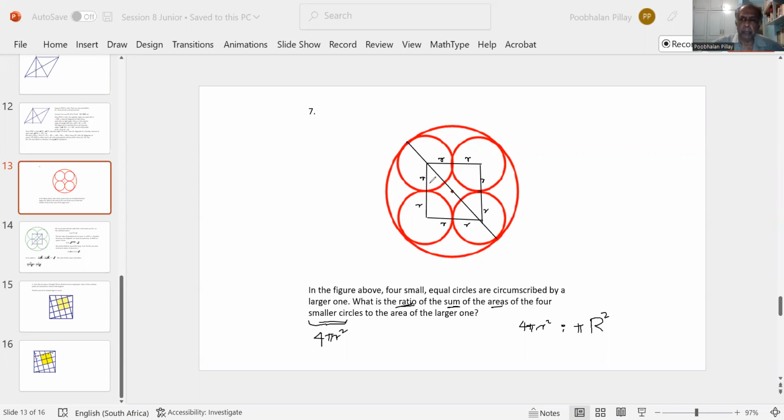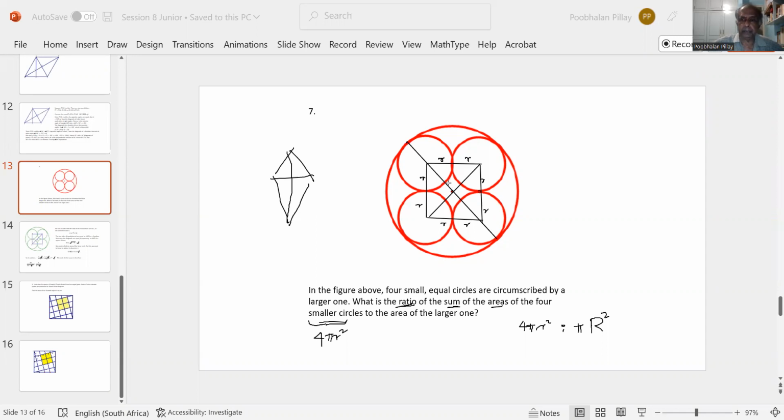Generally in a rhombus, one diagonal is longer than the other diagonal. But in this case, you'll see that the diagonals are actually equal, so it's a very special kind of rhombus, and it turns out that this is actually a square.